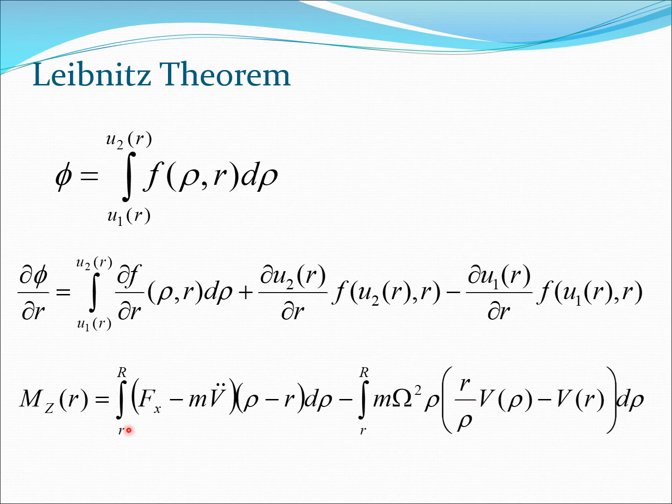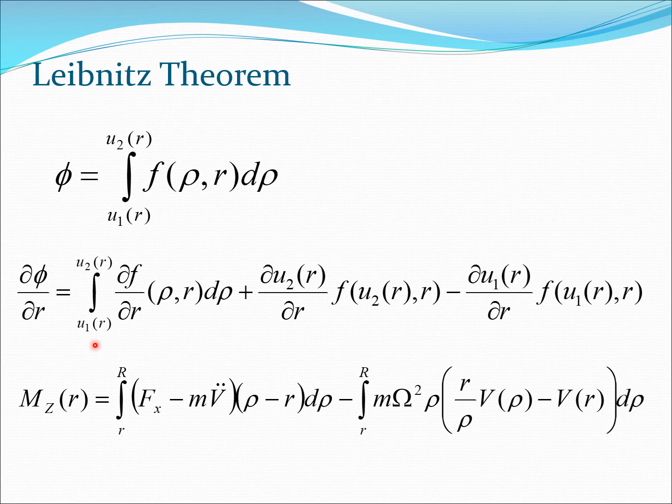Now we are going to use this moment in the equation for bending moment, that is, relate Mz to EIz and v. To do that, one of the things we will do later is differentiate some expressions, and so we use the Leibniz theorem here, which tells you that if phi is a function given as follows, integrated between points u1(r) and u2(r), then d phi by dr can be calculated by this expression.